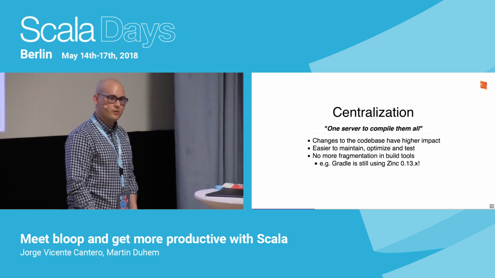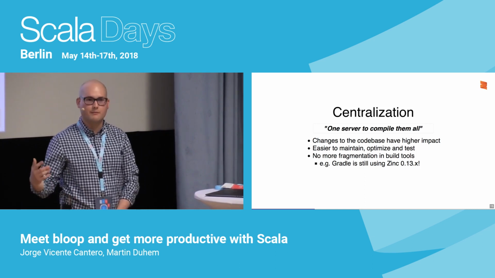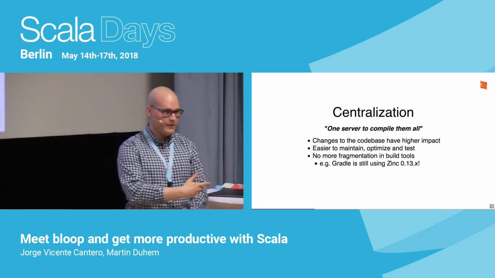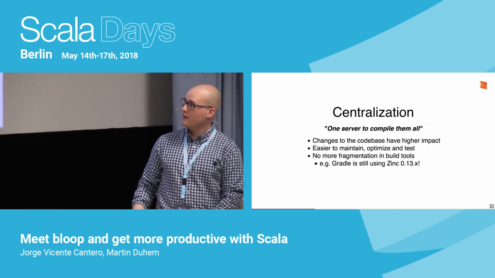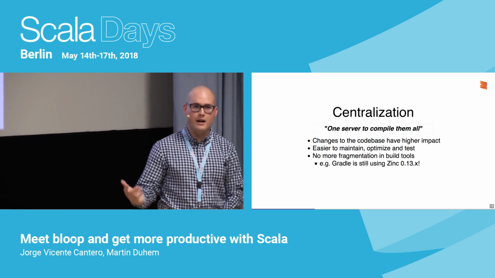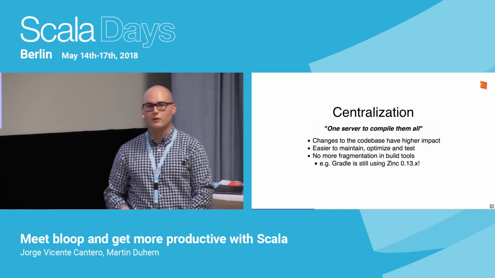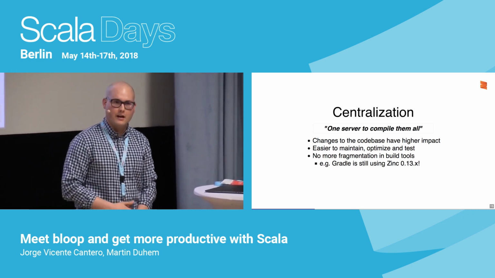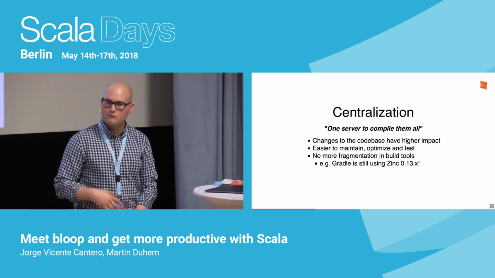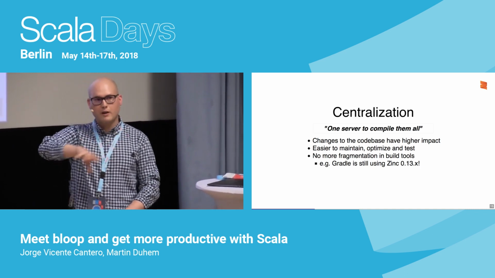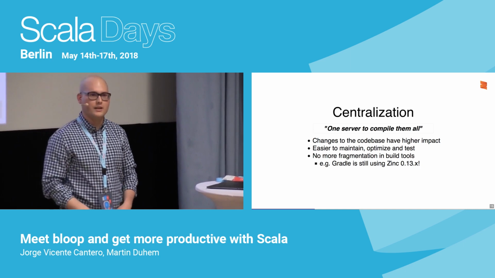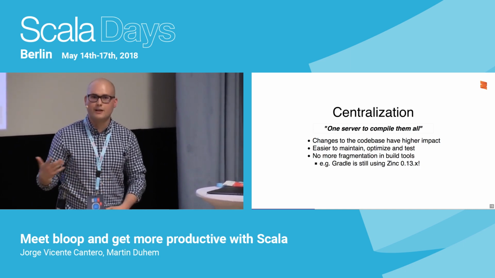Changes to this code base will have the most impact, because if this service is reused by all the other build tools, then if we optimize the performance of that compilation server, or if we fix a bug, the change will propagate immediately to the rest of the build tools that use the server, and you could upgrade the server independently of the build tool version.